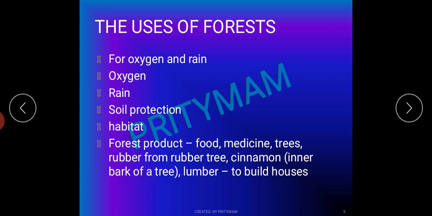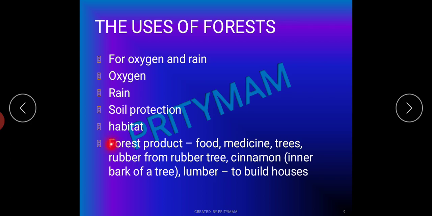The roots of trees in the forest hold on to the soil and prevent soil erosion. And habitat. Forests provide habitat for many plants and animal species. Many people too live in or near the forest.